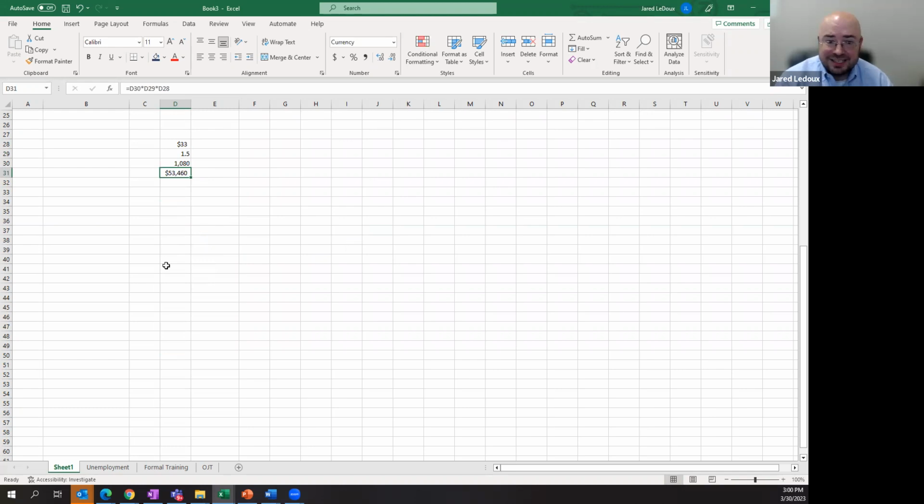So that is the amount of administration time taken for a $33 an hour HR specialist to spend an hour and a half per term for 1,008 terms over a year to ultimately process terminations within the organization.